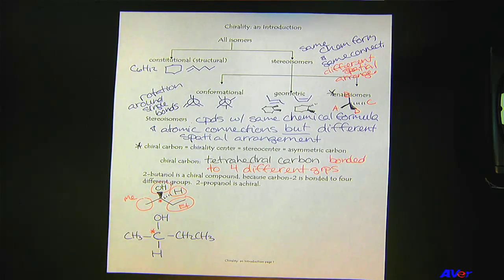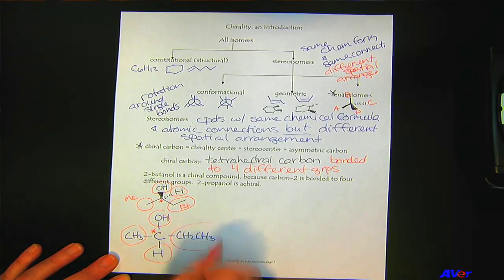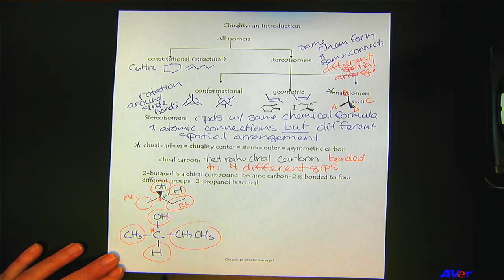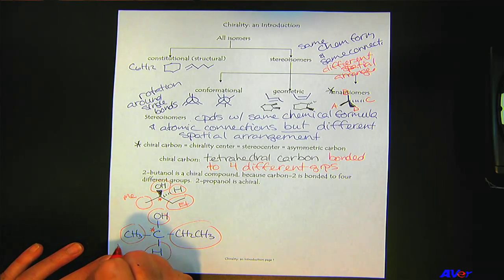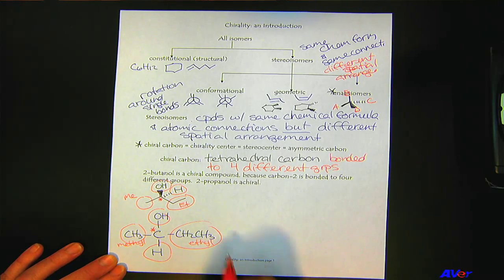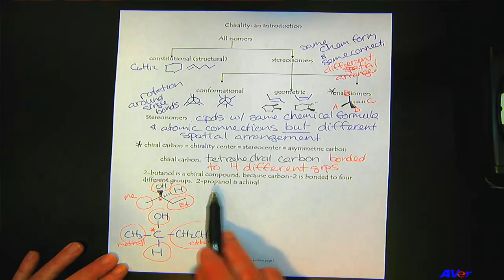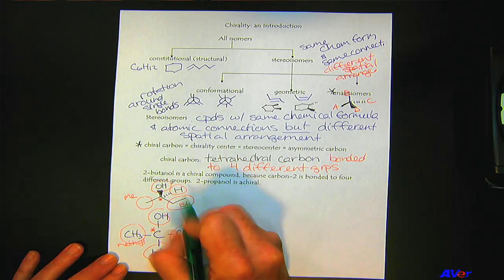All right, so we see 4 different groups. Sometimes when people are first learning about chirality, they're like, oh, but there's a carbon and there's a carbon. Aren't they the same? Well, we say no, because a methyl is not the same as an ethyl. Alrighty. So this molecule, we would say chiral.